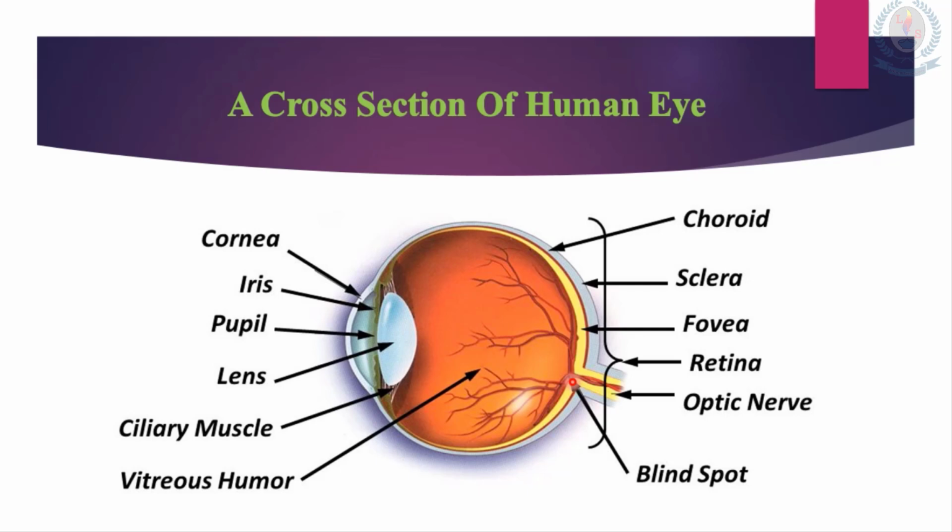Blind spot is the area of the retina where light sensitive cells are not located. Optic nerve. Optic nerve connects the eye and the brain. That conveys the visual stimulus from retina to the brain.